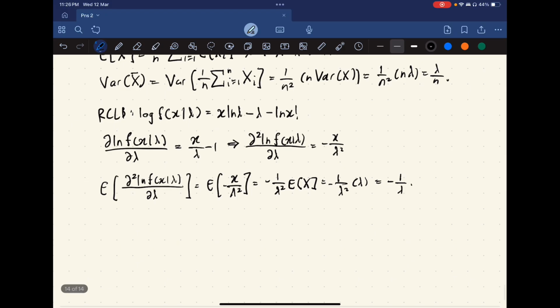And your Rao-Cramer lower bound would be negative 1 over n times the Fisher information, which is negative 1 over lambda. So n times 1 over lambda, negative 1 over lambda, which is lambda over n.